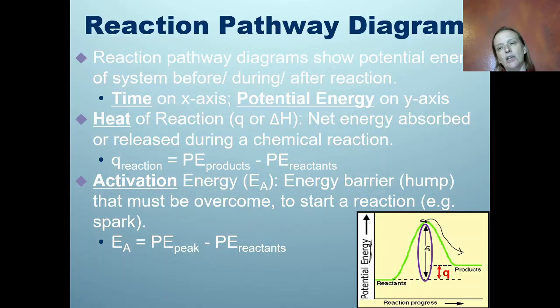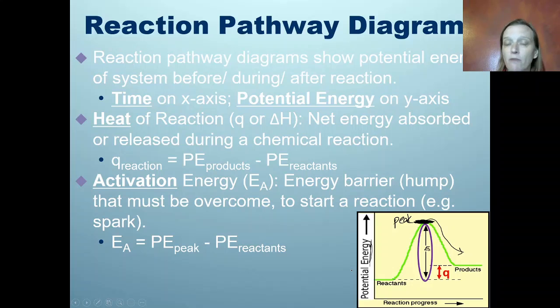So again, you can calculate the activation energy of a reaction by looking at the value at the peak of the hill and subtracting the energy level of the reactants. So the potential energy at the peak minus the potential energy of the reactants.